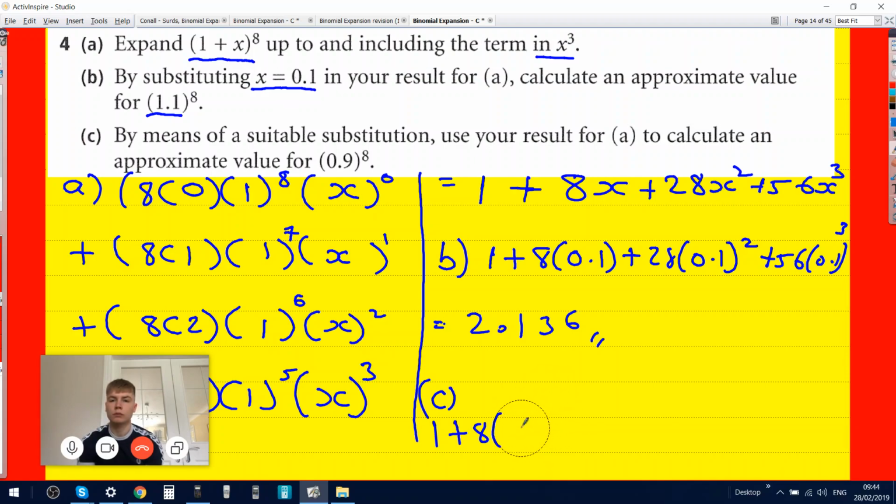How do I deal with that? Is the squared inside the bracket or outside the bracket? Outside the bracket. Yeah, always. If it's inside, you'll get a negative. If it's outside, you'll get a positive. Yeah. Minus 0.1 to the 3, and then you just sub that in and get your answer.